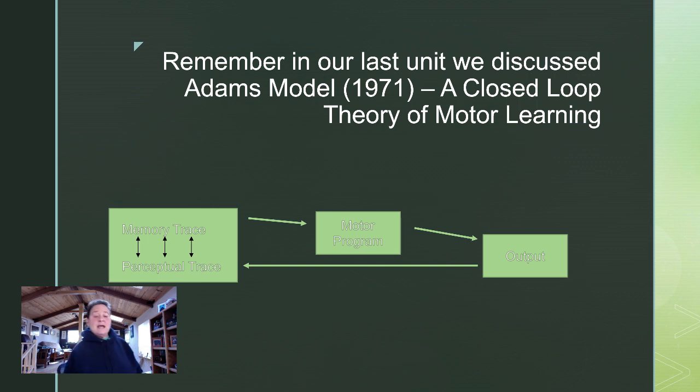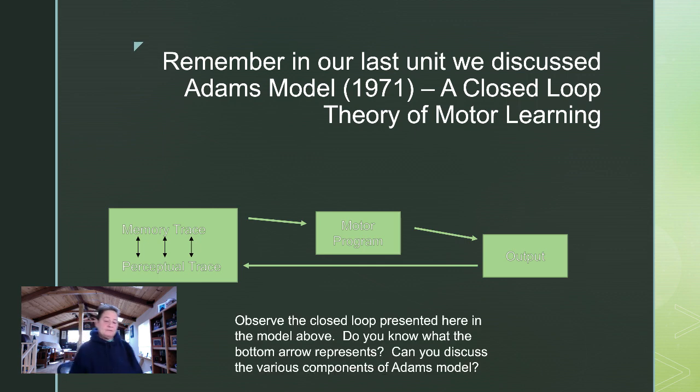In other words, if the proprioception doesn't match what I intended to do as in the memory trace, then I know that I have an error in my movement and I may want to correct for that error. It's possible that the error still allows me to have good performance.